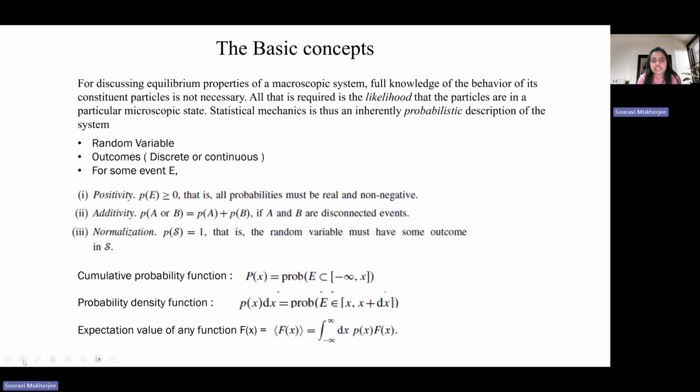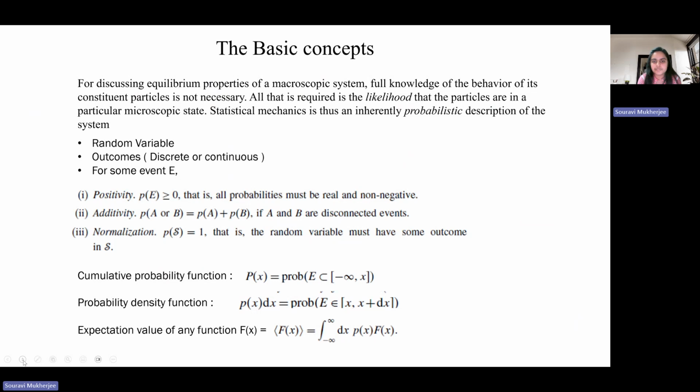Now, for any event E, there are certain features of probability, distribution or probabilistic description, which says that P of E, for any event, whatever event you choose, P of E should always be greater than or equal to 0. That is, all probabilities must be real and non-negative.